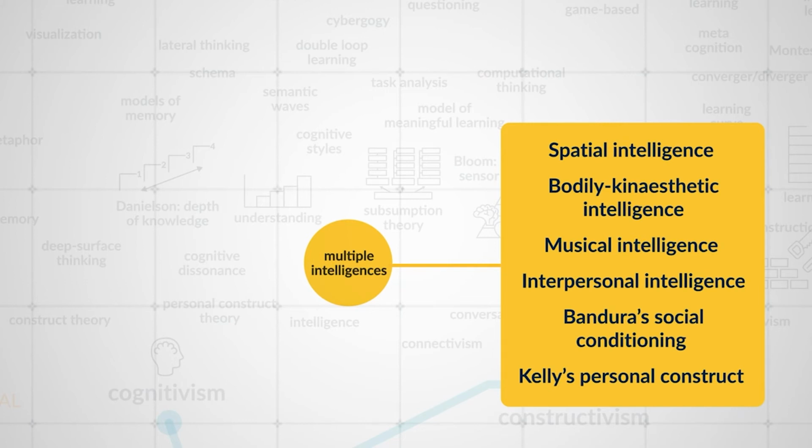A person's social awareness is a reflection of their interpersonal intelligence. It is their capacity to understand the intentions, motivations, and desires of other people. This has connections with Bandura's social conditioning theory and the sociality corollary of Kelly's personal construct theory.